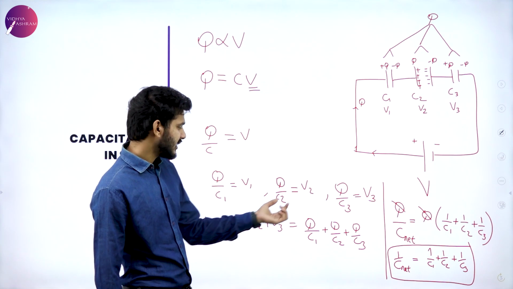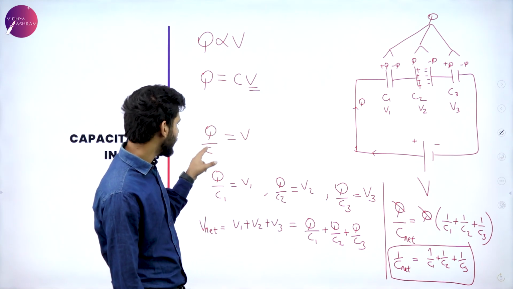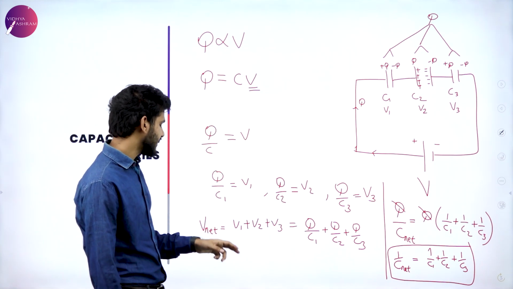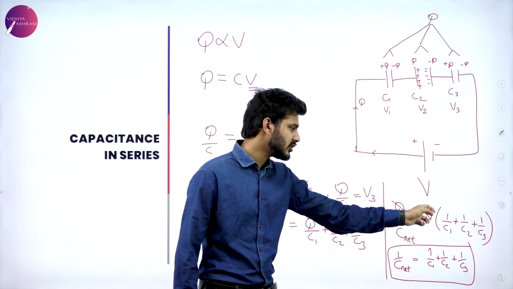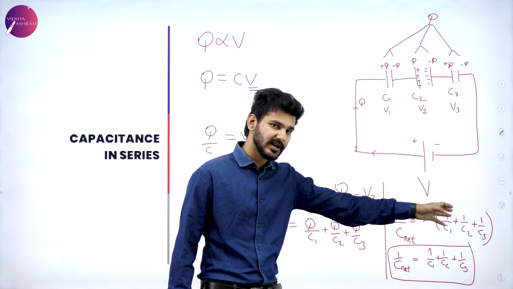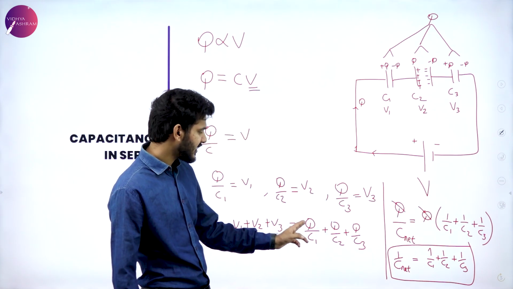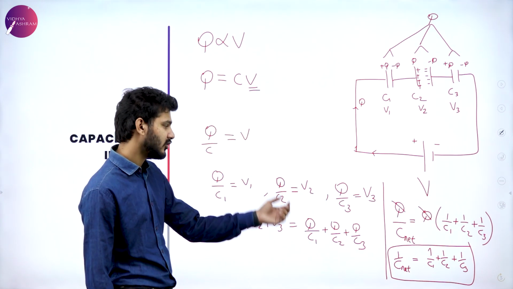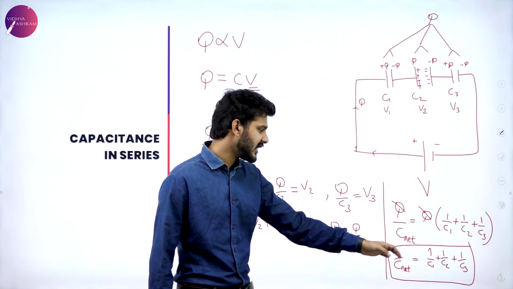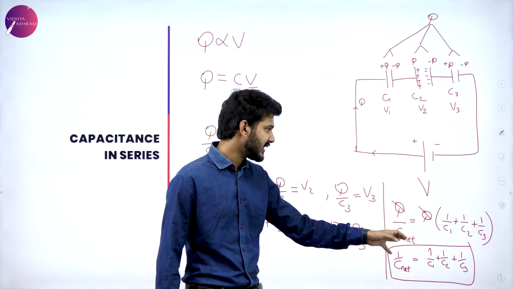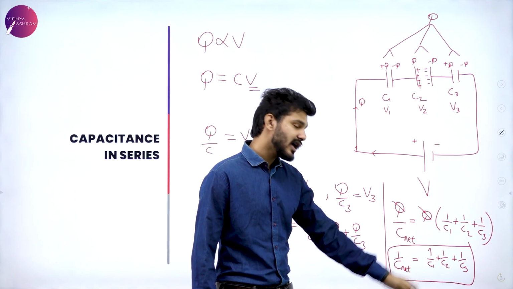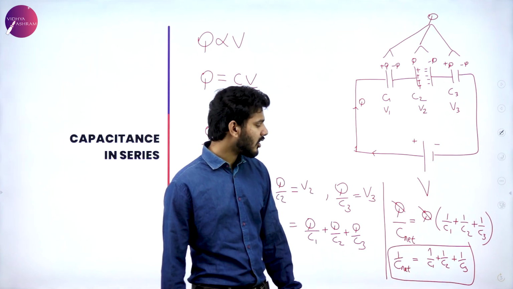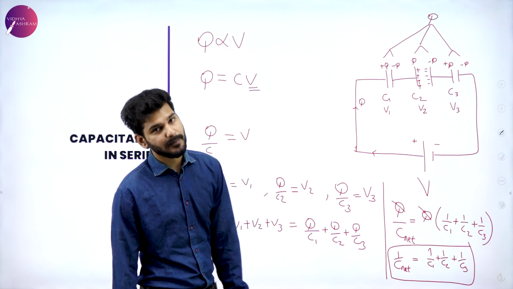So we can write Q by C is equal to V. So that is why we are writing V net as Q into 1 by C1 plus 1 by C2 plus 1 by C3, because we can take out the common factor Q outside. Cancelling out the Q's, we get 1 by C net. That is, the net capacitance of that particular circuit can be found out through calculating the reciprocals of each of the individual capacitors.